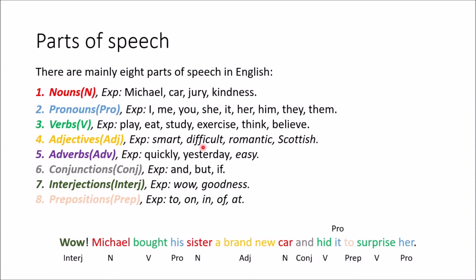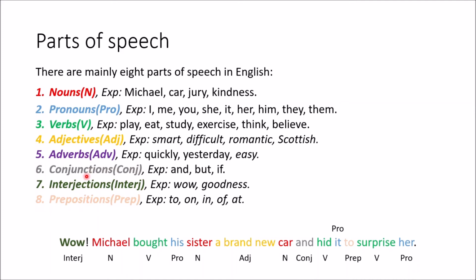Smart, difficult, romantic, Scottish are some of the adjectives. Adverbs function as describers of verbs or adjectives. Quickly, yesterday, easy are some of the adjectives.